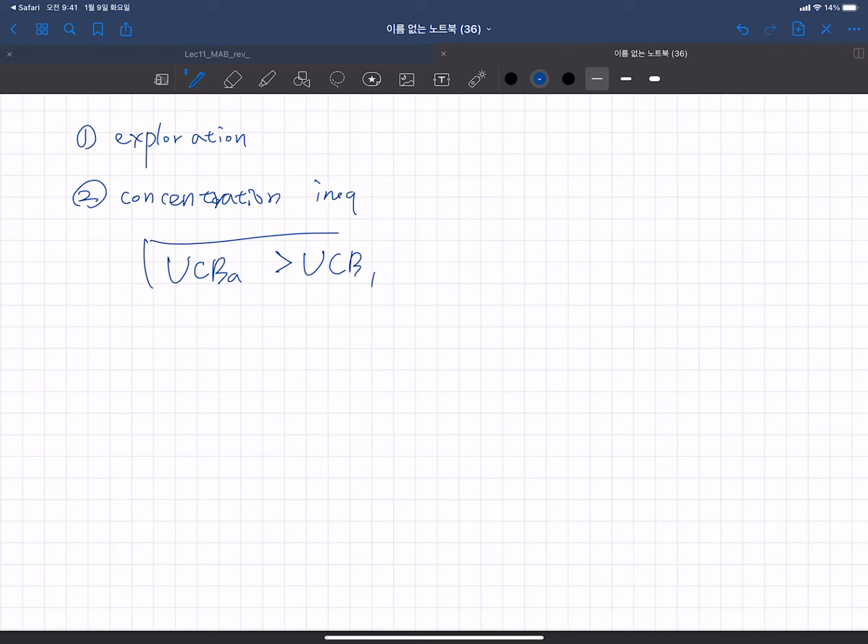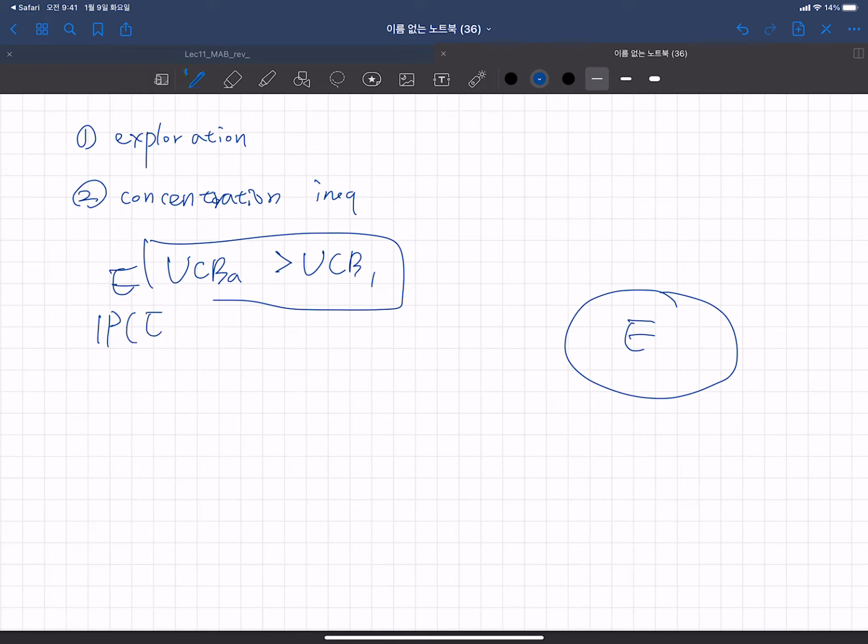So let's say this is the event E. Here we want to find the upper bound of the probability of E. To do that, we will define some superset, which consists of two different conditions.